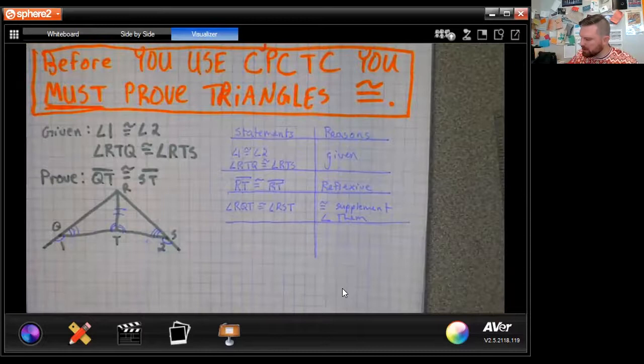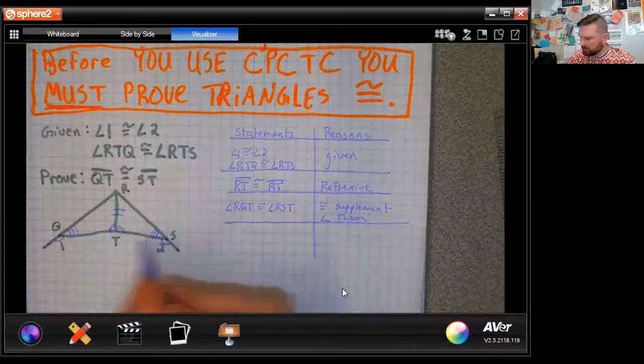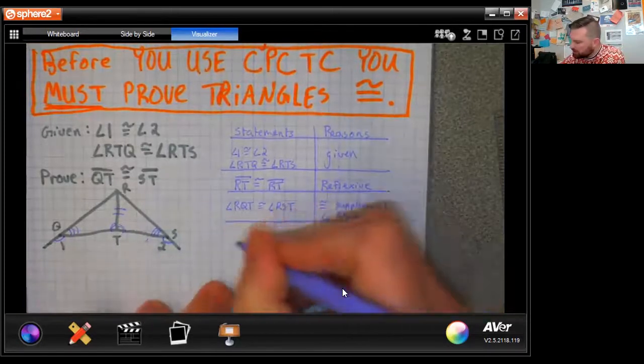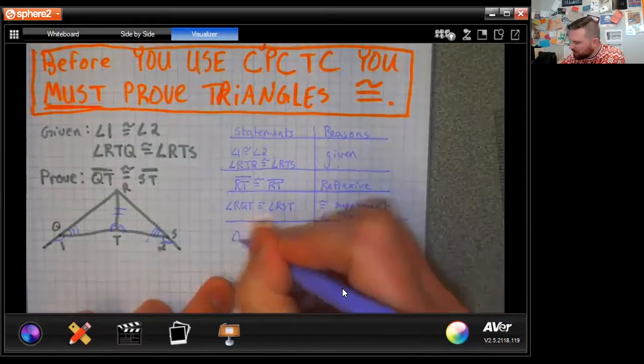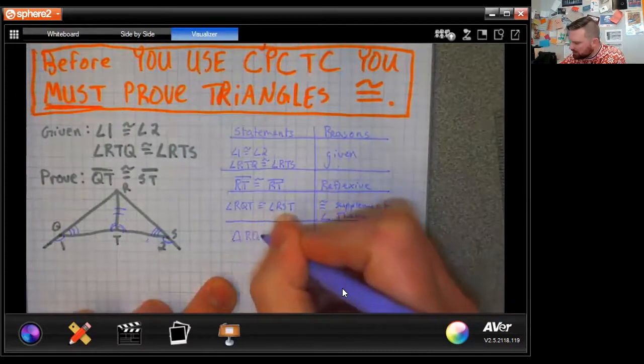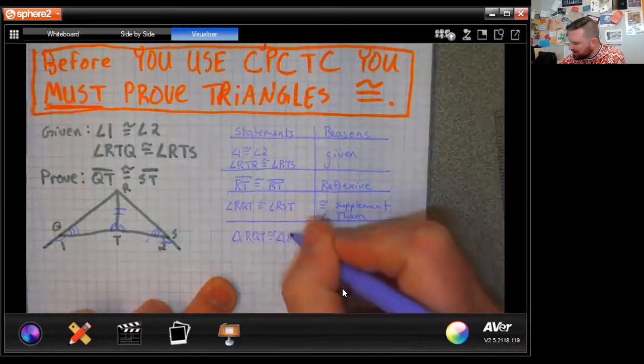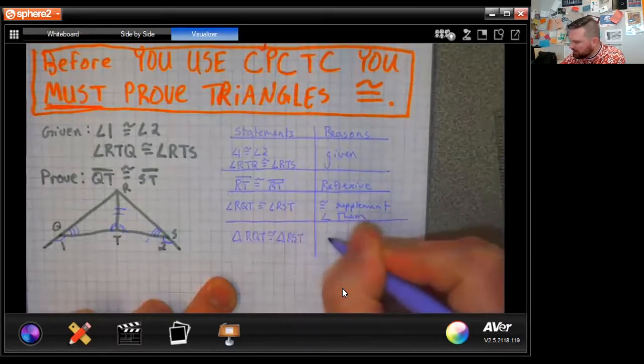So here we have a side-angle-angle. You can read it either way, angle-side. If you look back, that will prove that two triangles are congruent. So we can say that triangle RQT is congruent to triangle RST because of angle-angle-side.